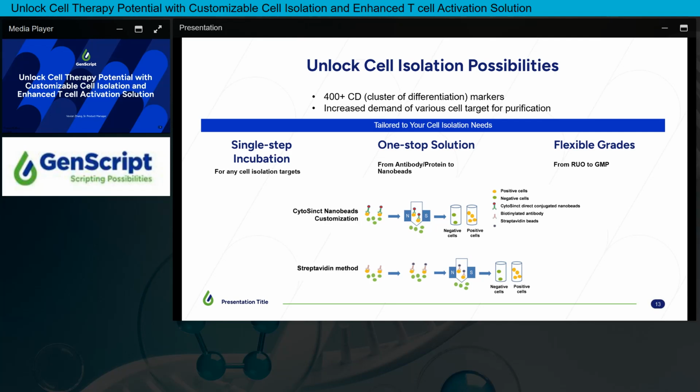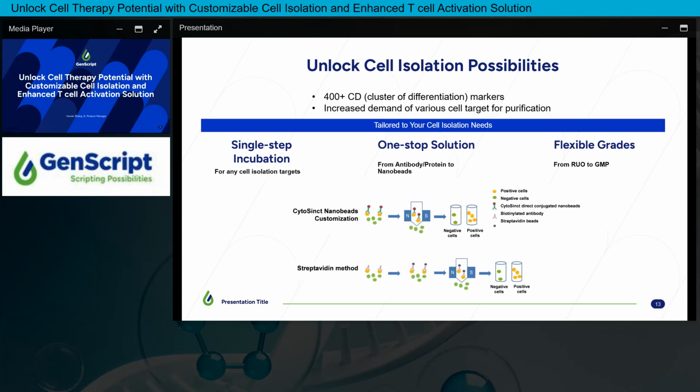With these customized nanobeads with the antibody of your choice, you will be able to isolate or enrich any cell target with one incubation step, which can speed up your workflow and avoid any hassle in your research for the enrichment step.